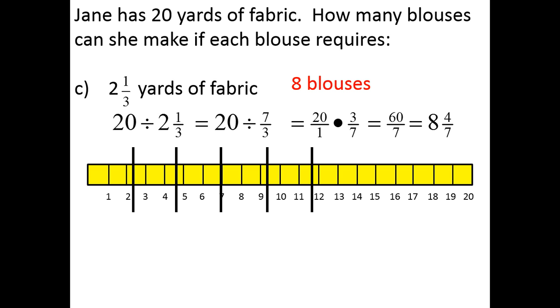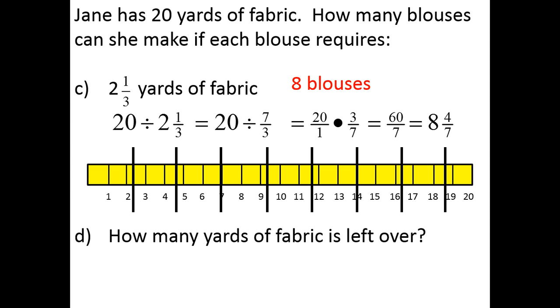Then 11 2/3. Then 14. 16 1/3, and 18 2/3. Now if you look at what's on the end, that's a little piece that's not big enough to make a blouse out of. So we've got 8 whole blouses. But there is some fabric left over.